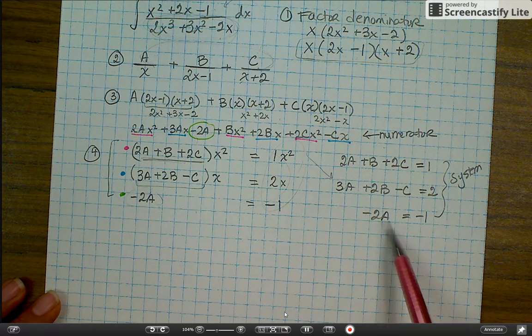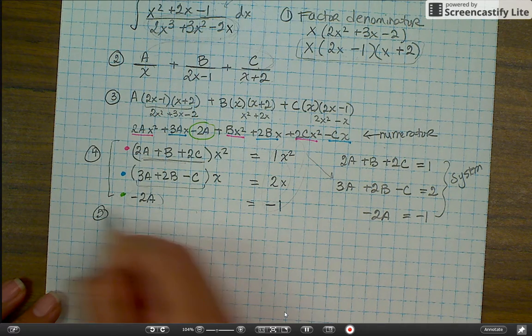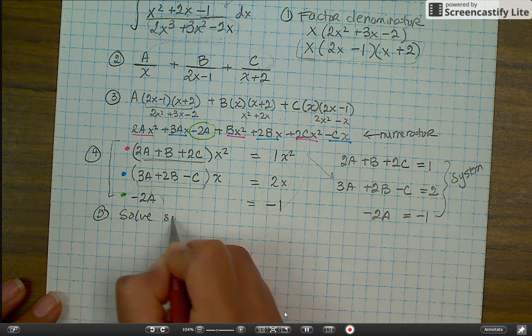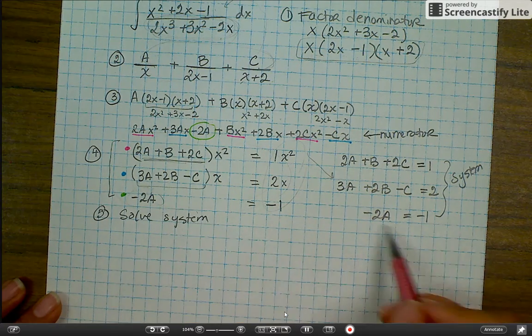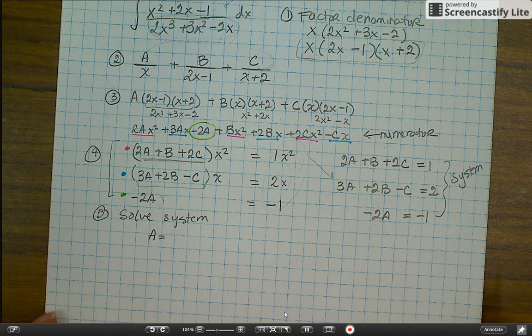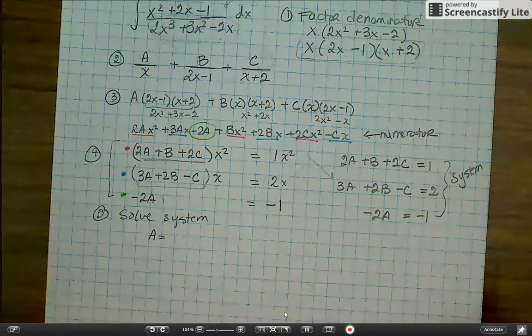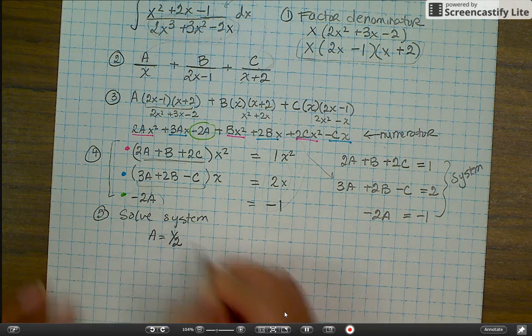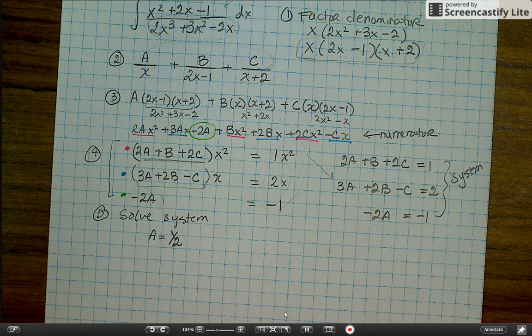So now, what does this mean? Let's say step 5 is to solve your system. So easily I can see that A is equal to 1/2. Do you guys agree with that? Okay. A is equal to 1/2.